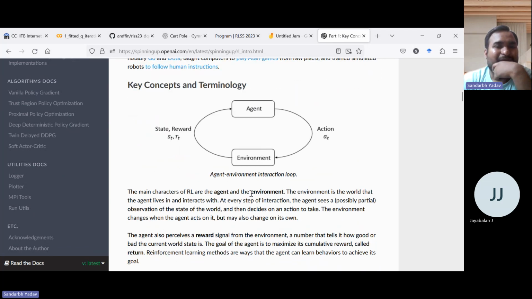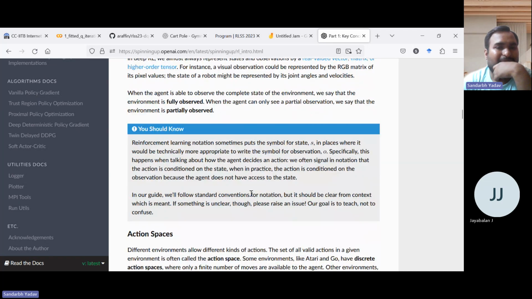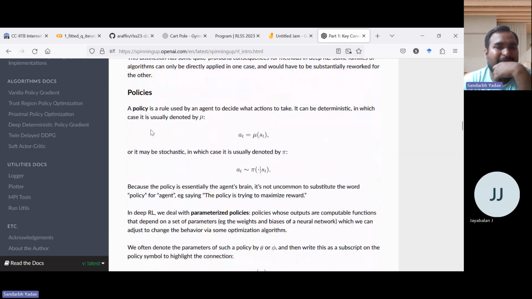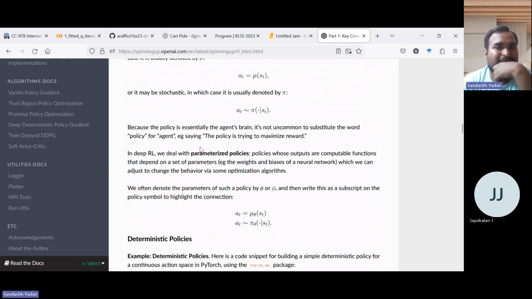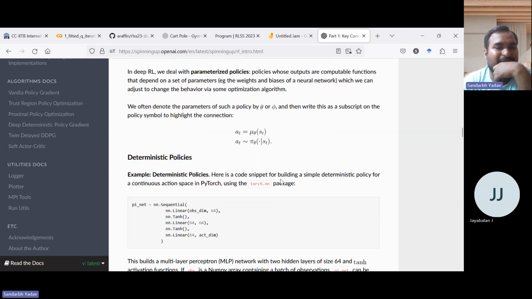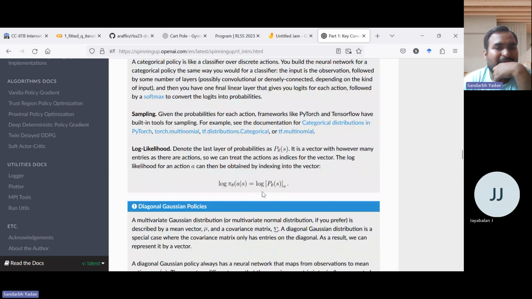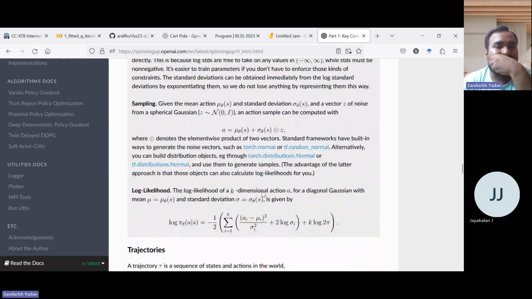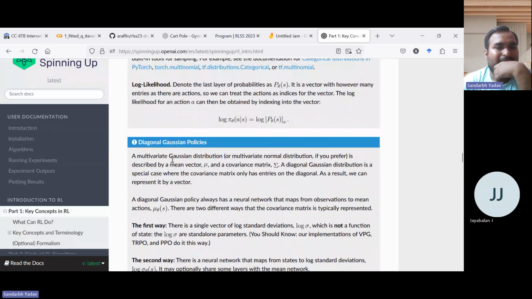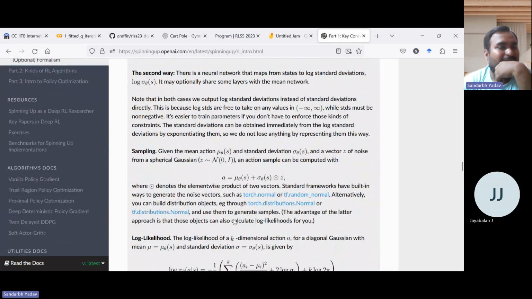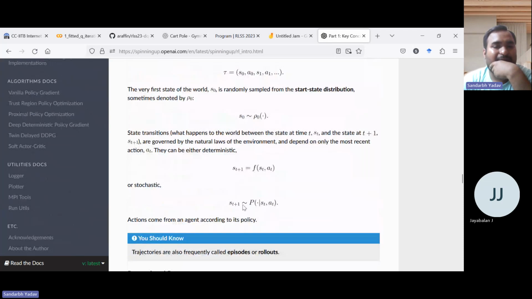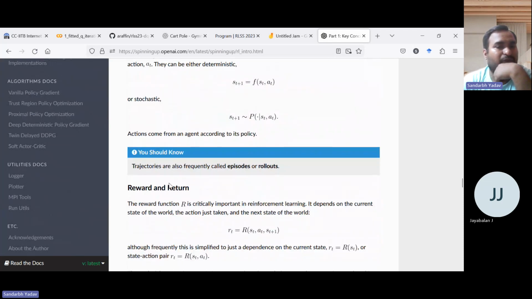So some key concepts, you can have definitions and all, like some refresher of what policies, stochastic policies, parameterized policies, deterministic policies, what all those terms mean. You can get definitions from here, sampling also, and trajectories, episodes, rollouts.